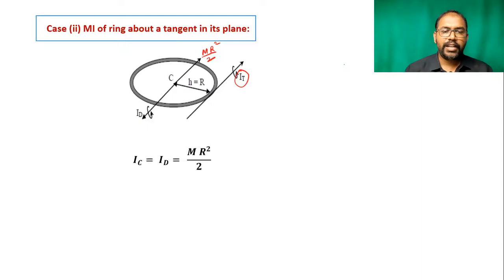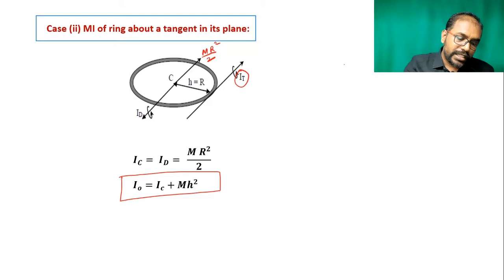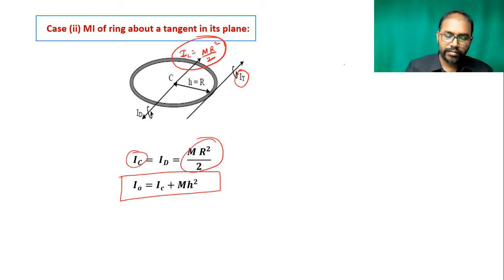So by the parallel axis theorem we get I0 is equal to IC plus M h square. This is IC. This axis is passing through the center, so it is M R square by 2. As well, the distance between the two axes is h, and it is R because it is a radius. So instead of h, I can write R in the next step.